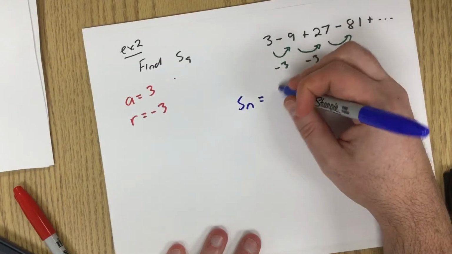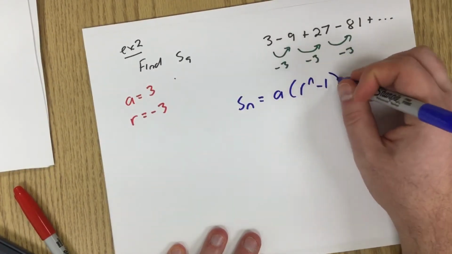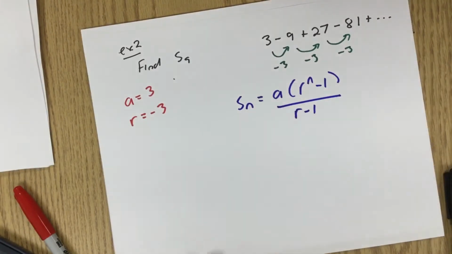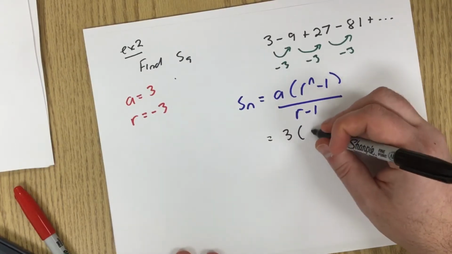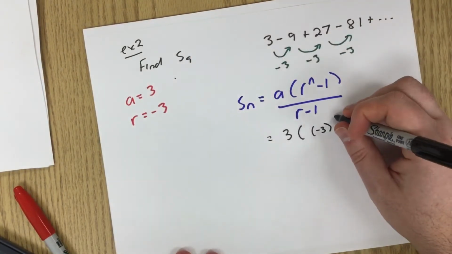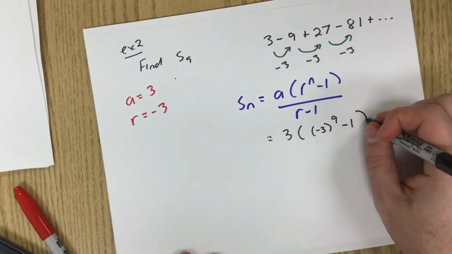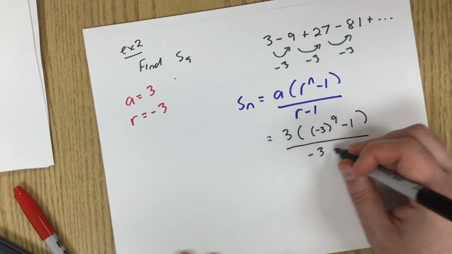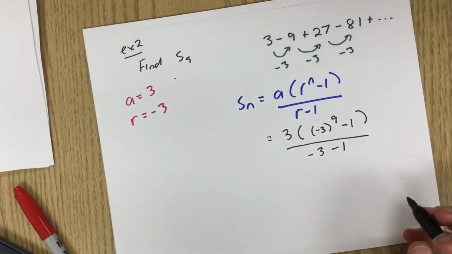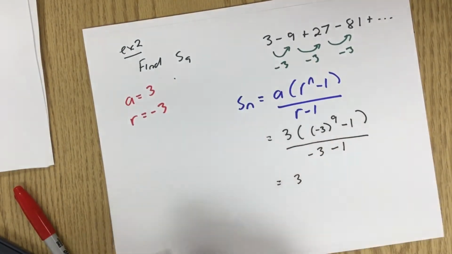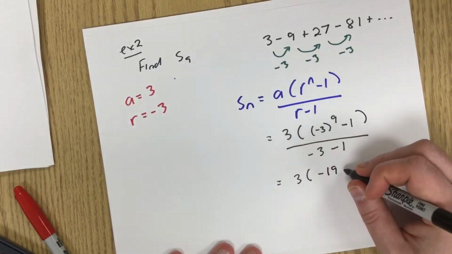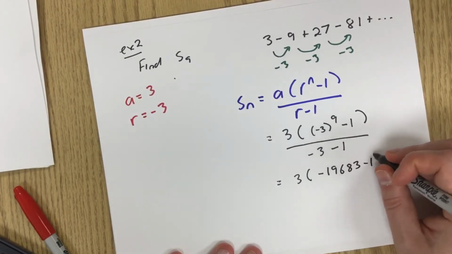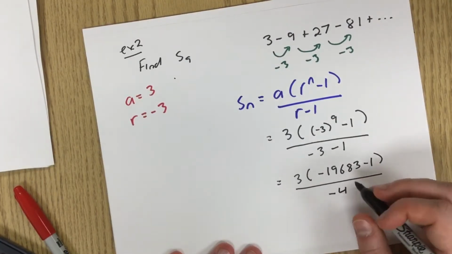so again, Sn is a(r^n - 1) over r - 1, which is going to be 3 times, and n is going to be 9, minus 1 all over -3 minus 1, which is going to be 3 times minus 19,683 minus 1 all over minus 4.